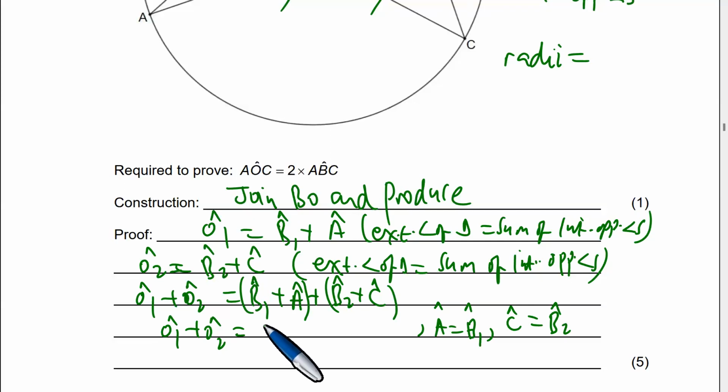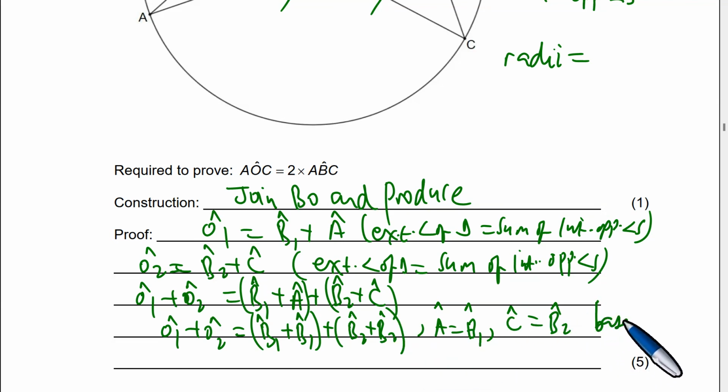So what is angle A actually? We can put B1 plus, what is A? Angle A is B1. Which means that here is B2 plus C, which is B2. So these are base angles, base angles equal.